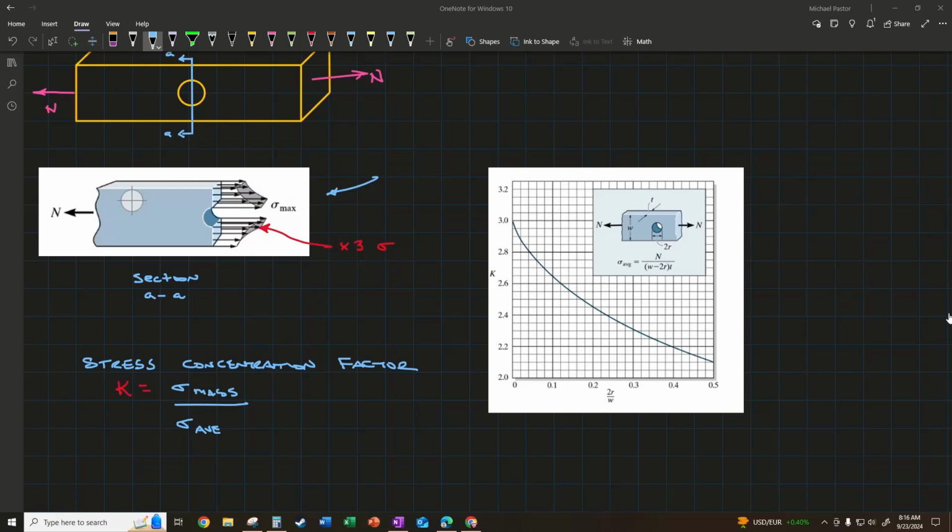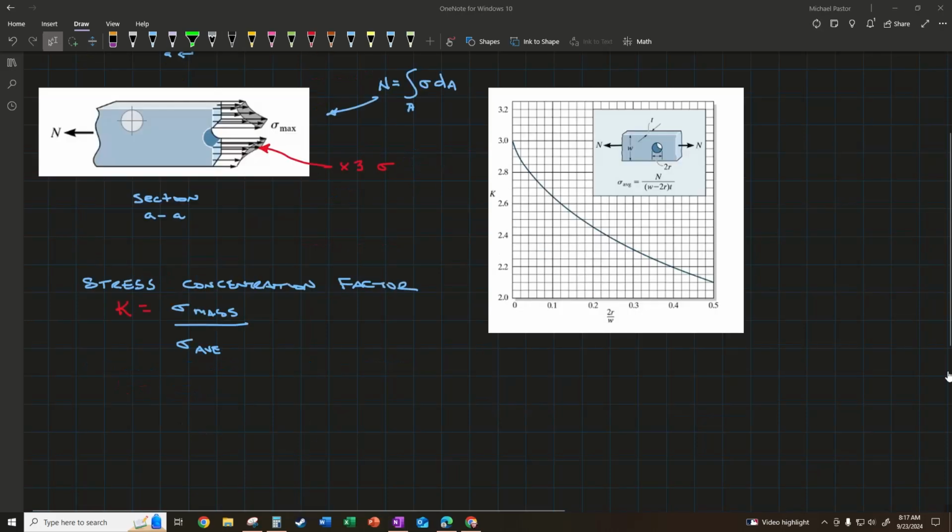Of course, we could relate this profile to the normal force with a little bit of calculus. We could take the integral over the area of the stress dA, and so that's a more calculus type relationship to represent what's going on.